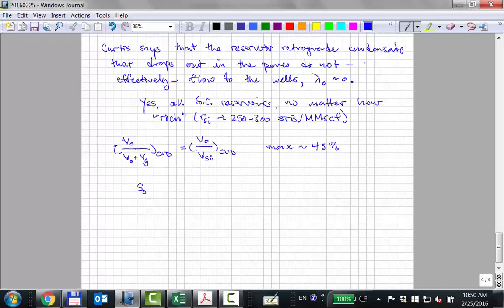The oil saturation is equal to that value, which I'm going to call VRO CVD, times 1 minus water saturation. Okay? Which, let's say on average, is at least 20% for most reservoirs. So now we've got at a maximum 0.45 times 0.8, which is what? 35%? About.